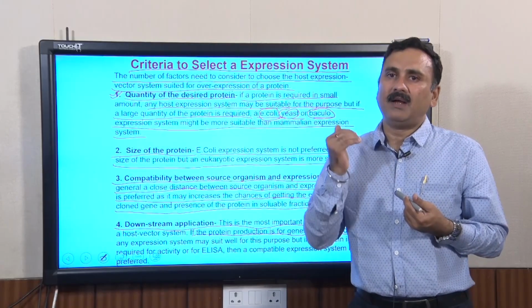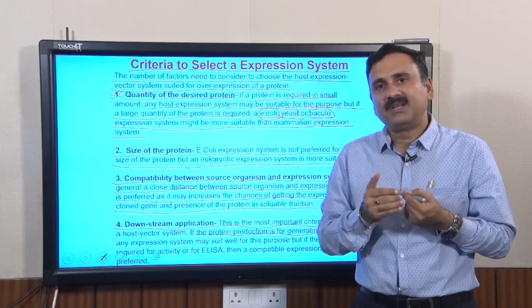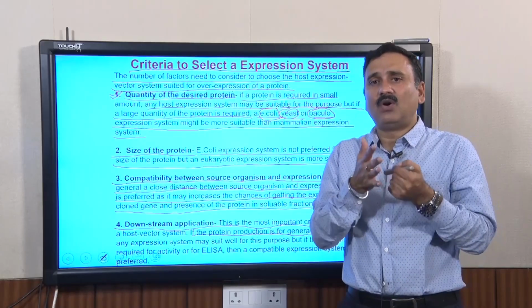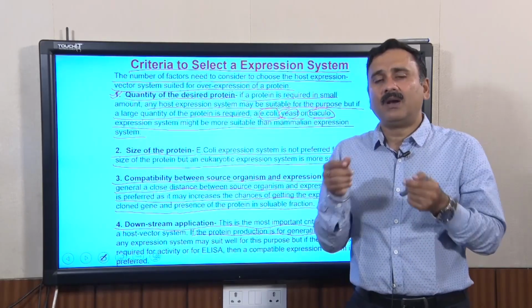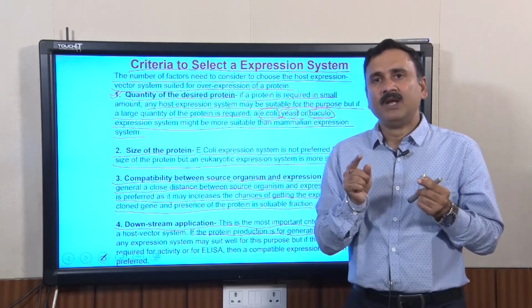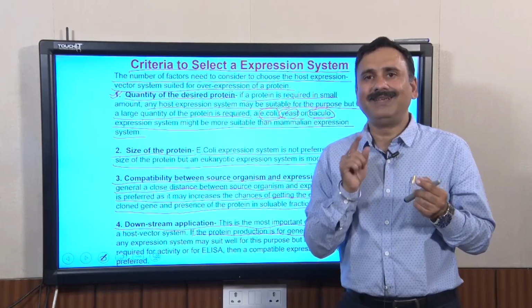because in either of these cases, the protein epitopes or the antigenic sites may still be conserved, because the antigenic sites of a particular protein are present in a very small stretch. And these stretches may still be intact.